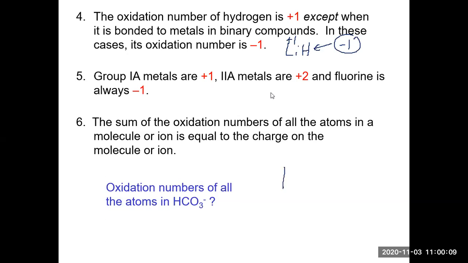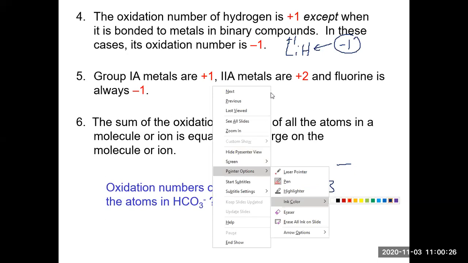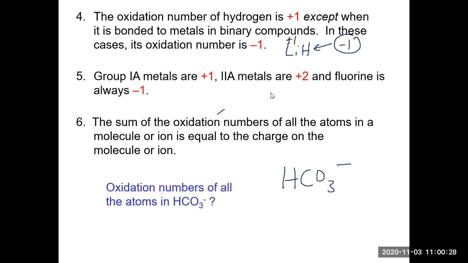So if we look at something like HCO3-, when you've got a situation like this, with 3 nonmetals together, and especially if you have oxygen, a really good place to start is usually the oxygen. In this particular case, the oxygen would be -2. There are 3 oxygens for a grand total of -6.